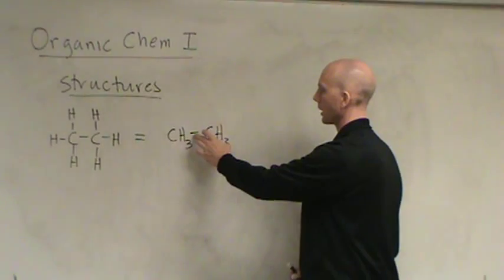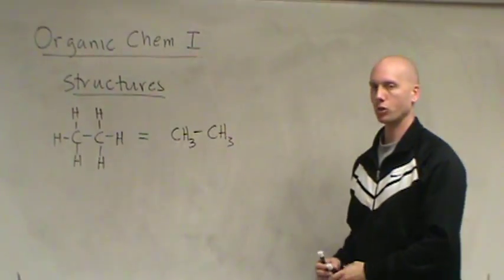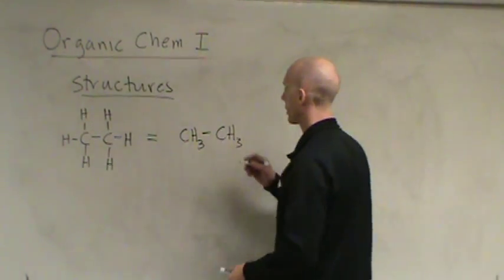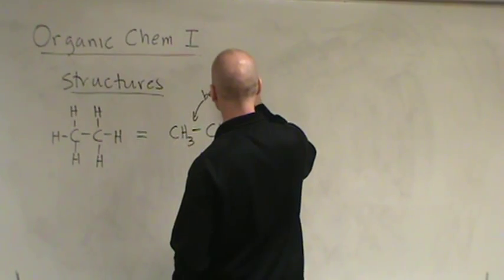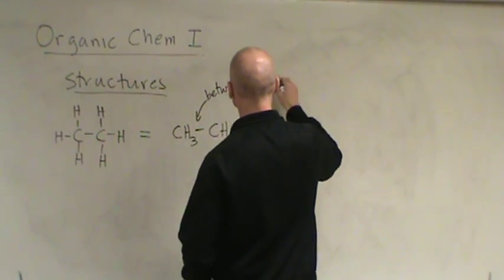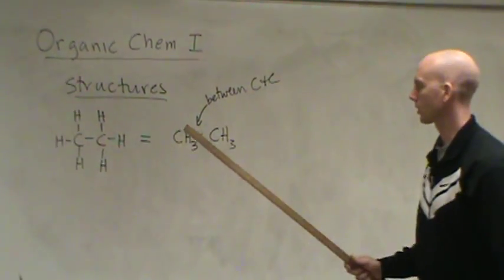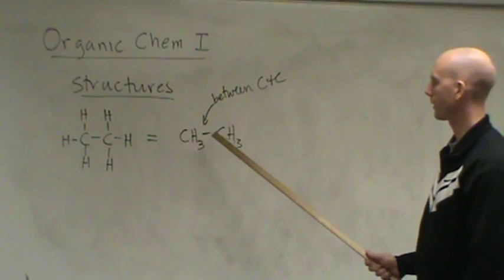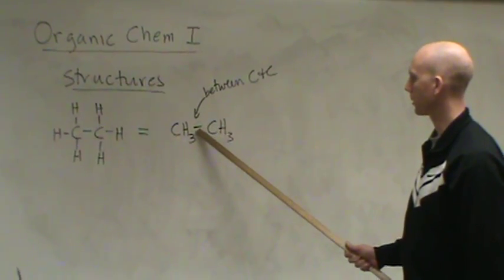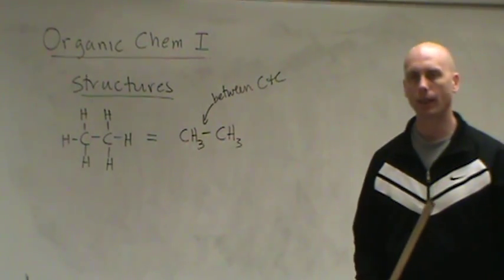And then we oftentimes just leave the bond between the 2 carbons being shown, okay? So this bond is between carbon and carbon, okay? Even though it looks like it's carbon to a hydrogen. No, that carbon is bonded to that carbon there, okay?